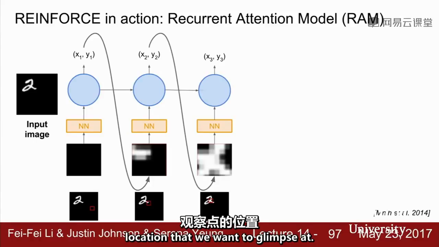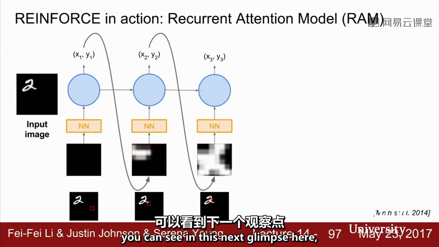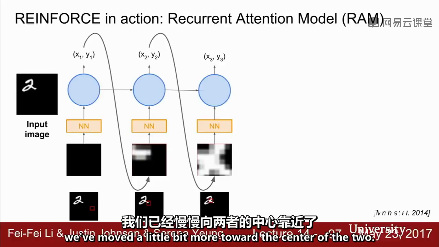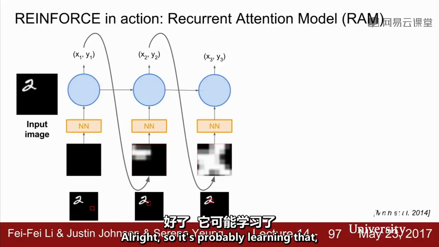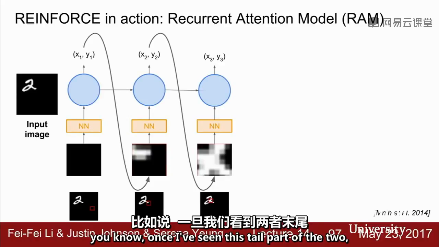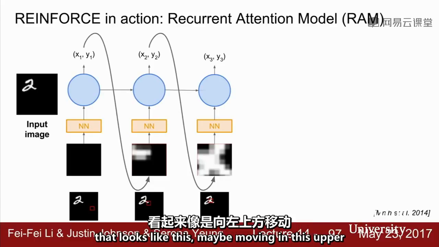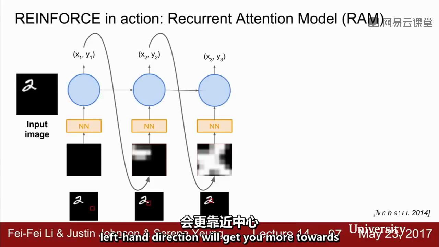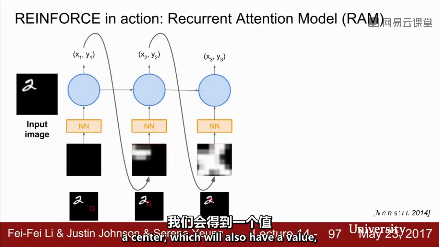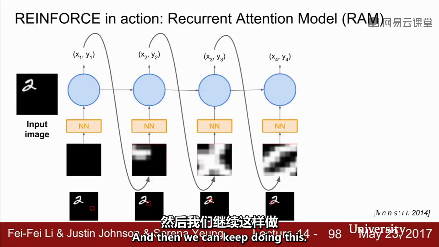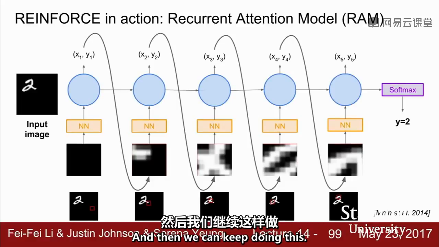So we can continue doing this. You can see in this next glimpse here, we've moved a little bit more towards the center of the 2. So it's probably learning that once I've seen this tail part of the 2 that looks like this, maybe moving in this upper left-hand direction will get you more towards the center, which will also have valuable information. And then we can keep doing this.